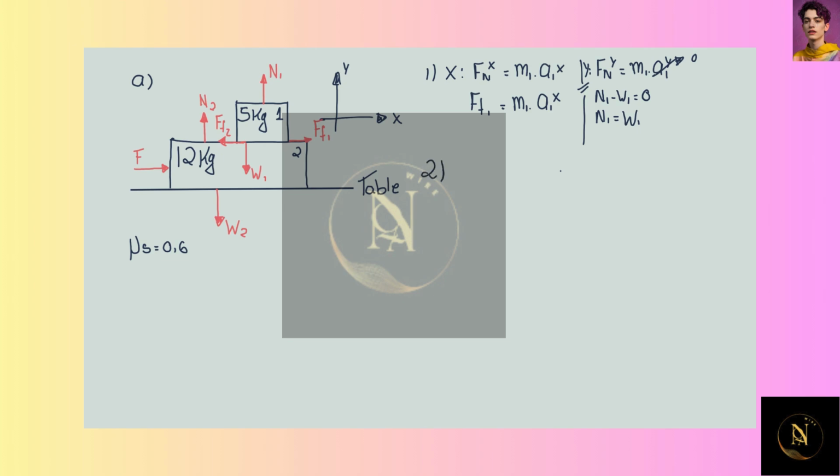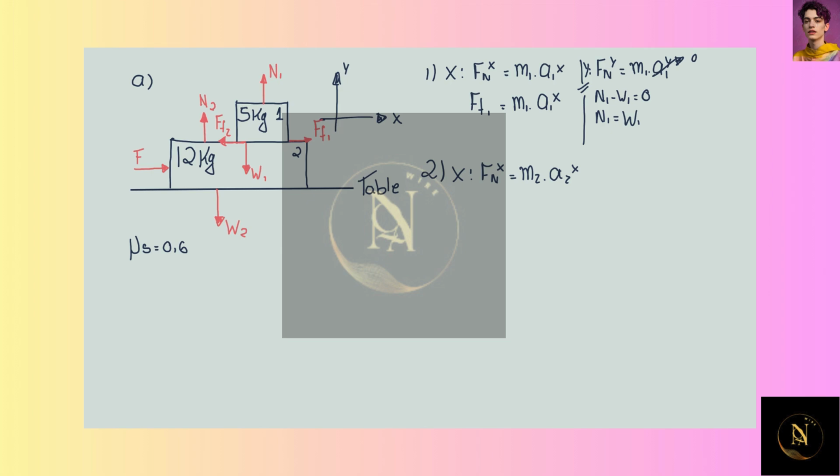Now, let us apply Newton's second law to the second block. In the x direction, the net force in that direction is equal to the mass of block number 2 times its acceleration in that direction.